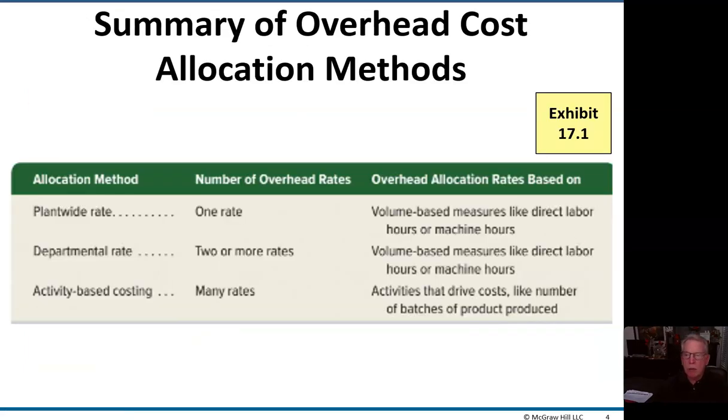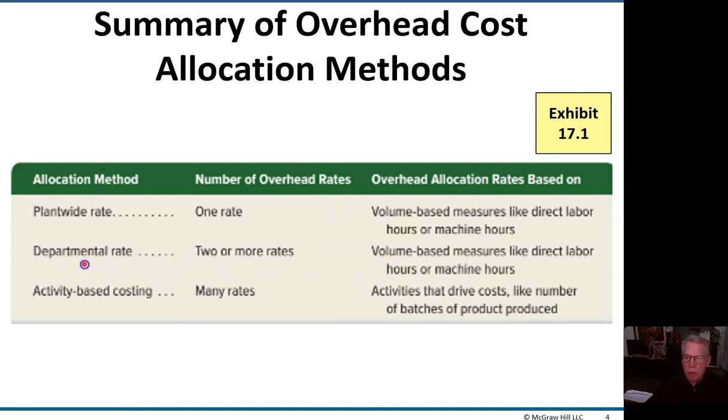Okay, let's look at the plant-wide rate. That's one rate. And frankly, that's what I've used most of my career. It's based on a volume basis, such as direct labor hours or machine hours. That's how we would allocate that predetermined overhead rate.